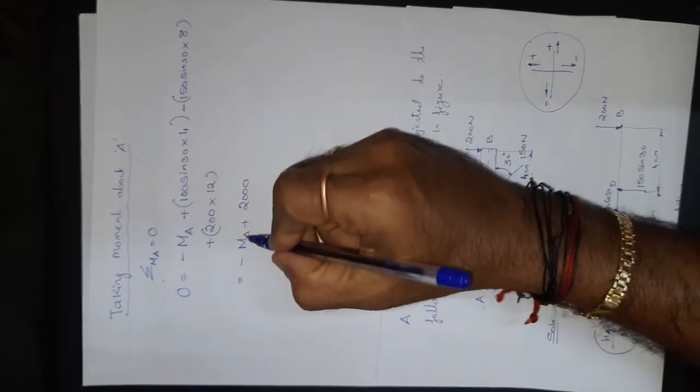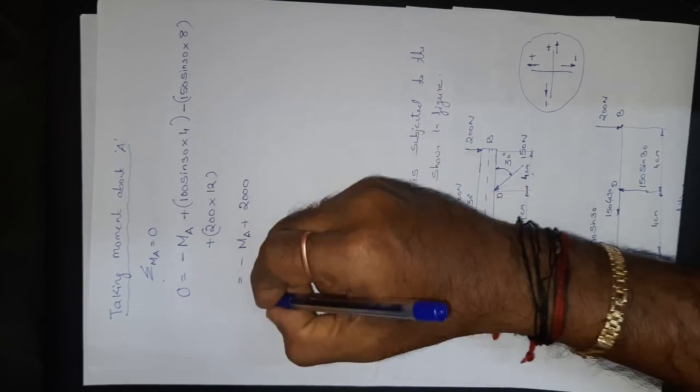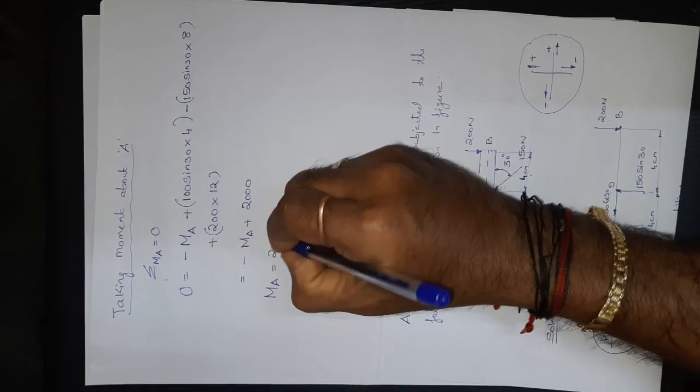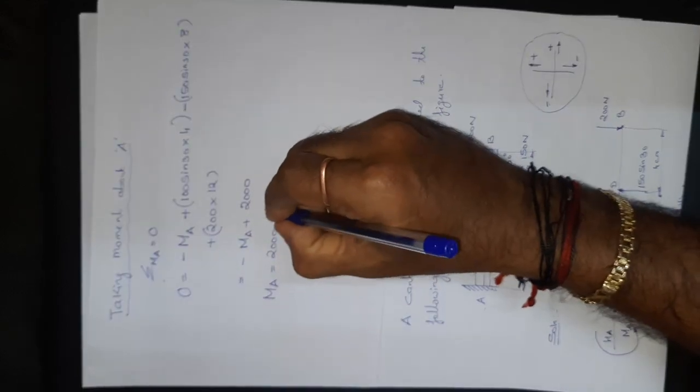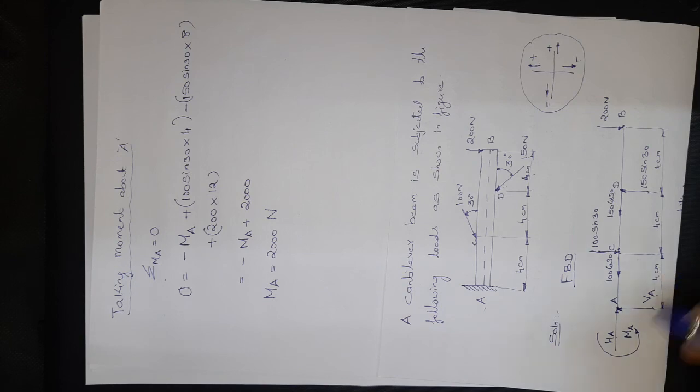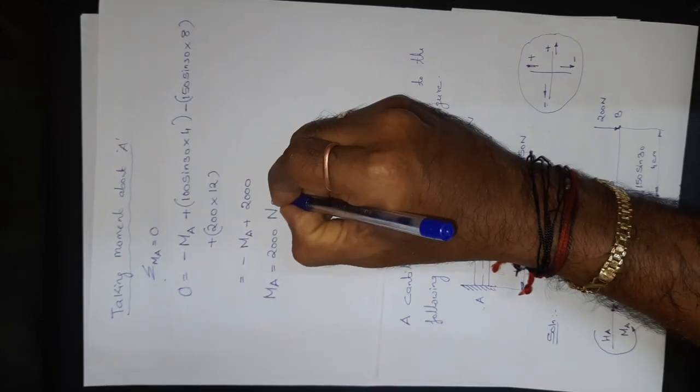So let me just take the MA to the other side. So MA equal to 2000 Newton. What is the perpendicular distance we consider? That is in centimeter. So Newton centimeter.